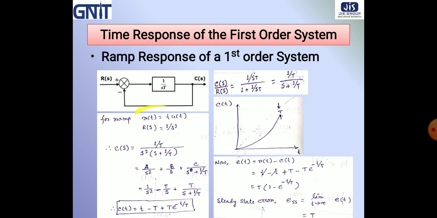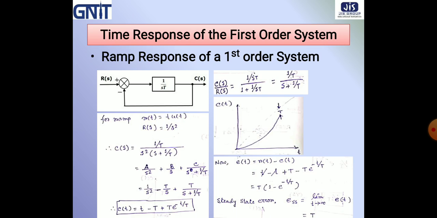So the ramp input will be r(t) is equal to t u(t), where u(t) is the unit step, and the value of u(t) is equal to 1. That means r(t) is equal to t. Now if we apply Laplace transform here, then we get R(s) is equal to 1 by s square. So this is our ramp input in s domain.